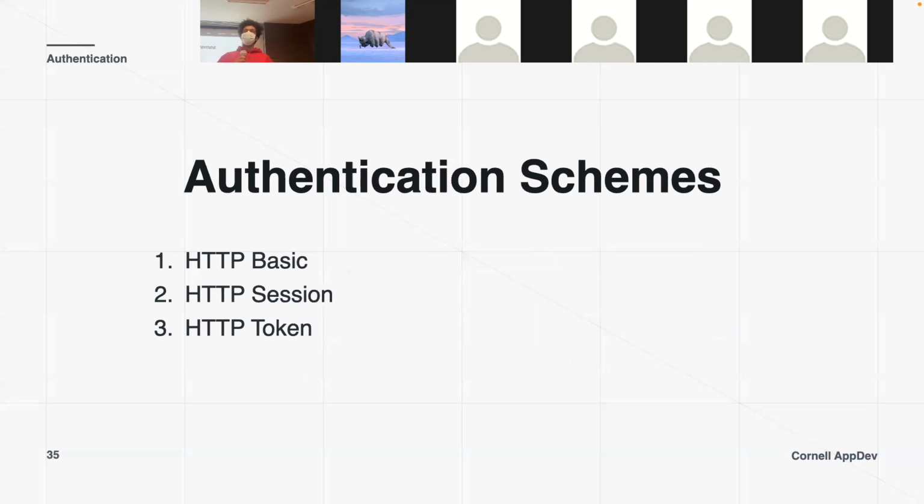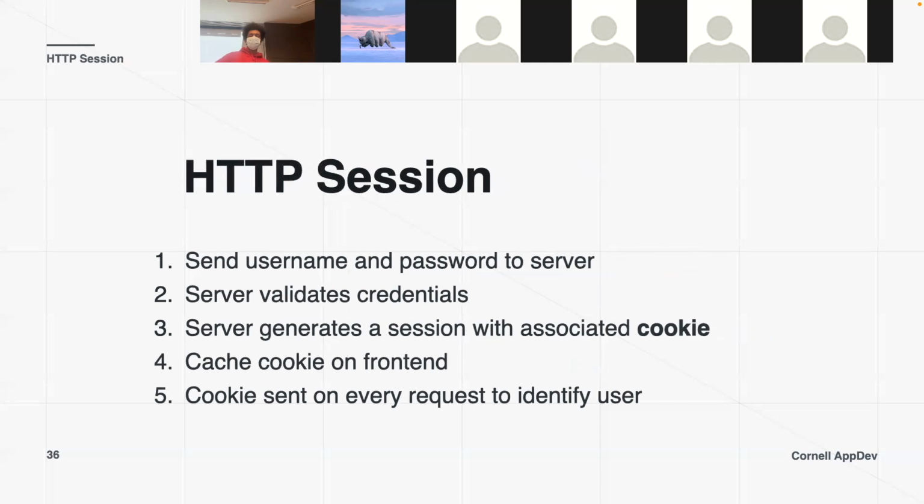All right, so we talked about HTTP basic. Now we'll talk about a second scheme, HTTP sessions. HTTP sessions are pretty similar in how we start them as basic. First of all, we send the username and password to the server like before.